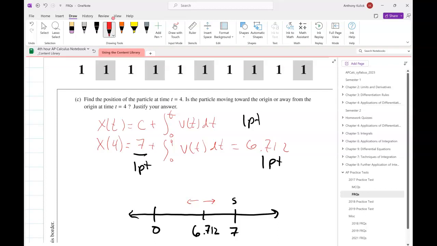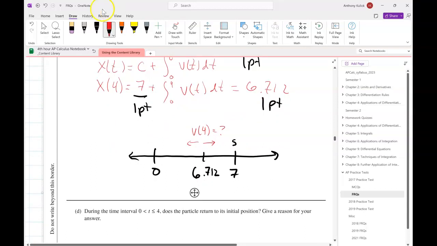Everybody agree? How can I tell whether it's moving forwards or backwards? What quantity is going to tell me that? Velocity. Which velocity do I want? At time 4. T equals 4 is the time. So I just need to find out what v of t equals, and that'll tell me.